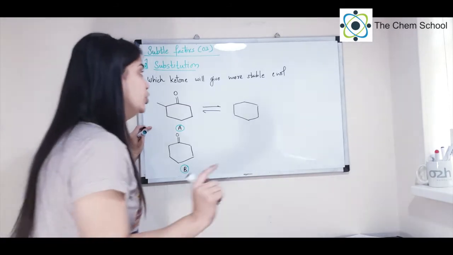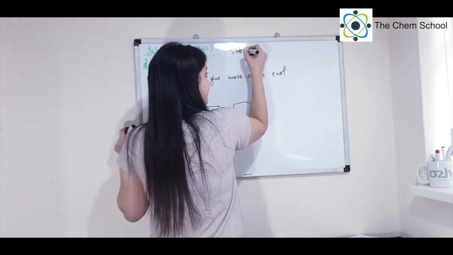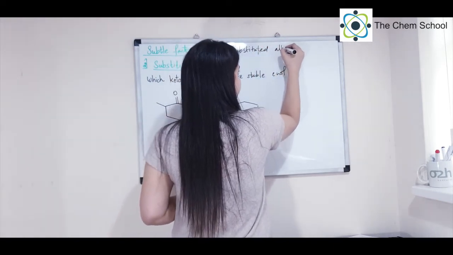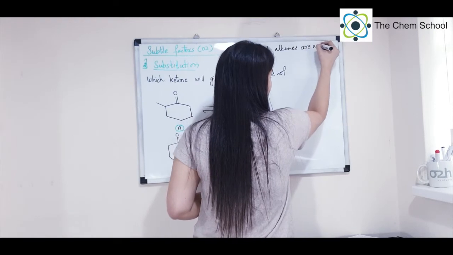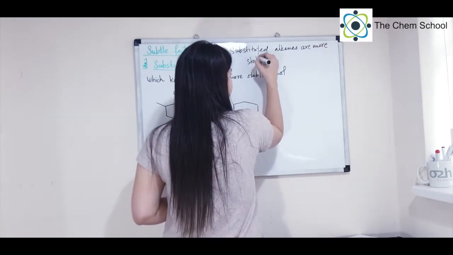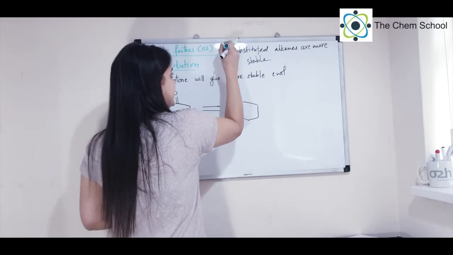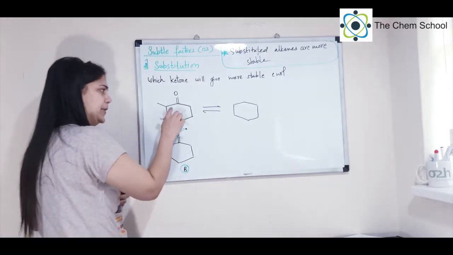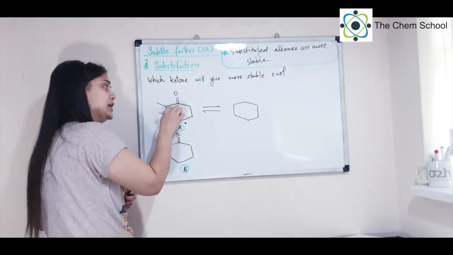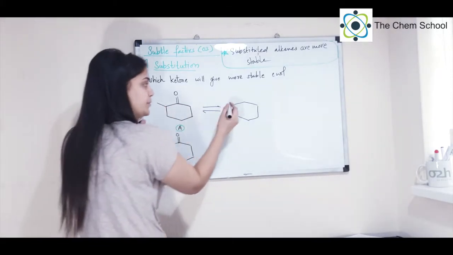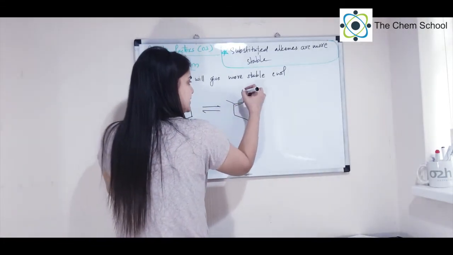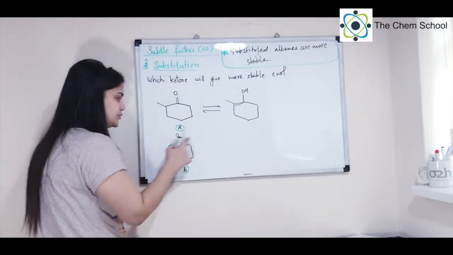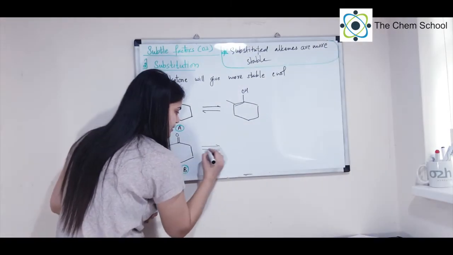I repeat, we know that substituted alkenes are more stable. Okay, so just remember this statement that substituted alkenes are more stable and therefore substituted alkenes ही बनाते हैं हम लोग. तो यहाँ पे डबल बॉन्ड डाल सकते हैं और यहाँ पे डबल बॉन्ड डाल सकते हैं, तो हम लोग यहाँ पे डालेंगे. क्यों? क्योंकि ये substituted वाला पार्ट है. Fine. So in this case what you will get is this. Clear? Whether in this case there is no substitution, so you can draw the alkenes, that is not an issue.